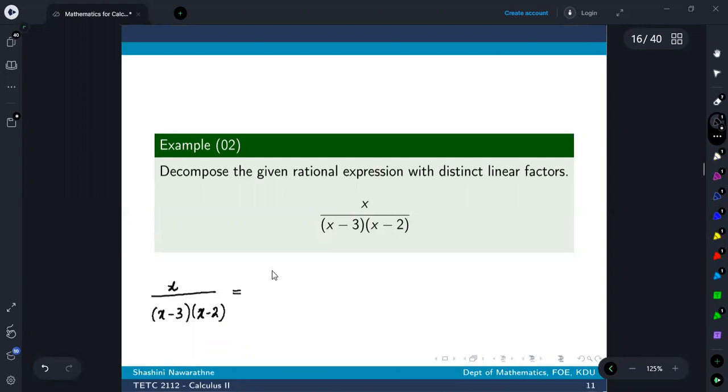Once you go through this procedure, you will obtain the partial fractions, ending with minus 2 over x minus 2. This is the answer that is required. So try to obtain this by yourself. So this is case 1.